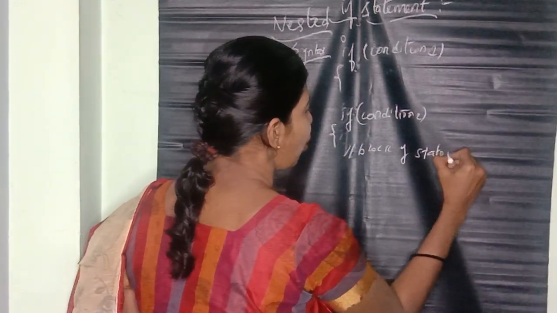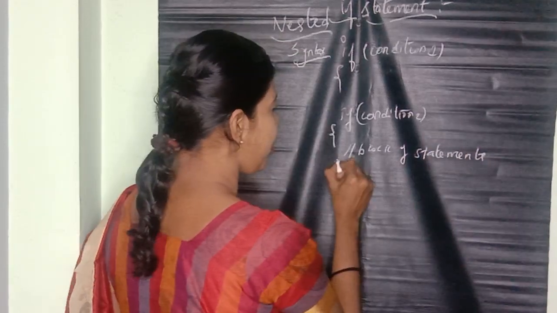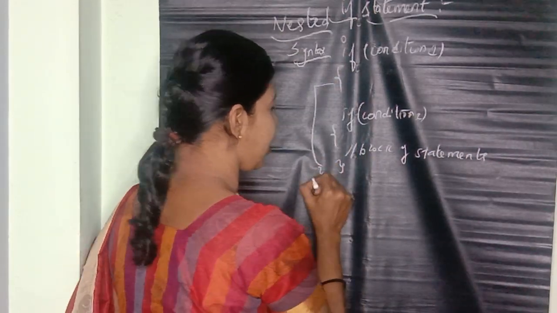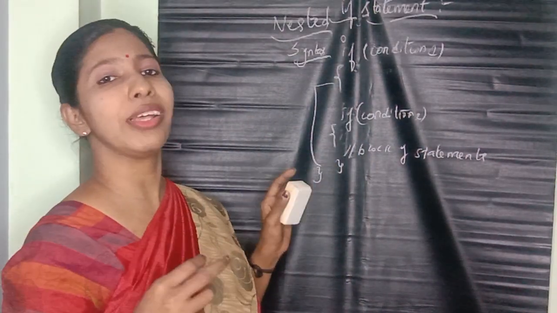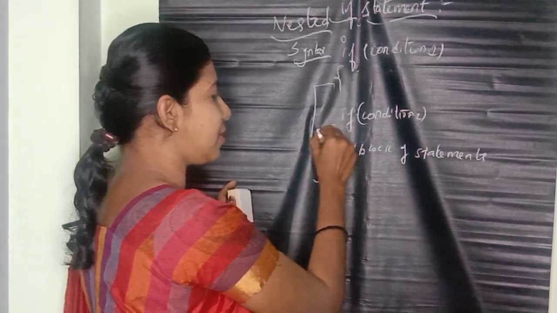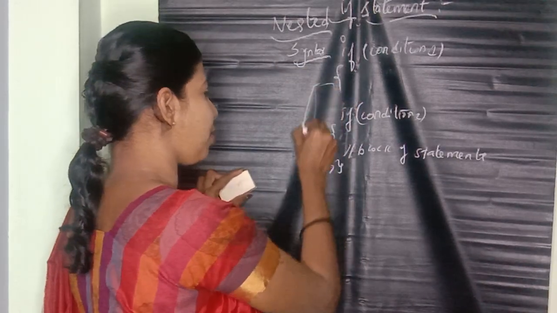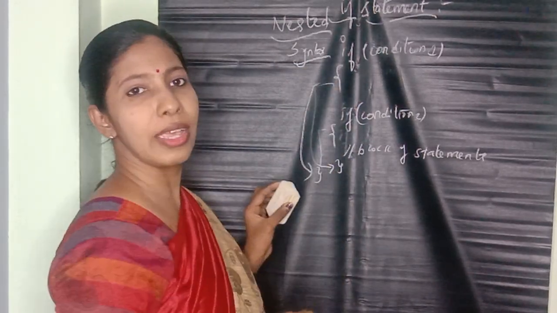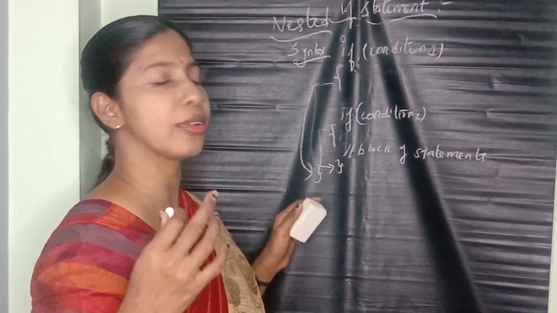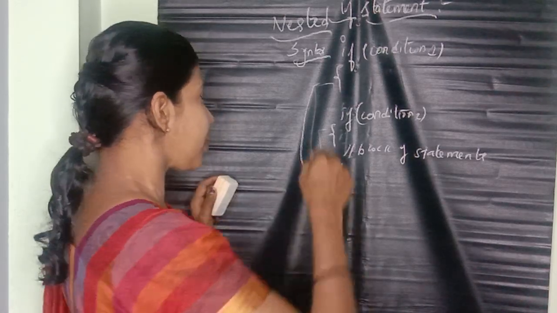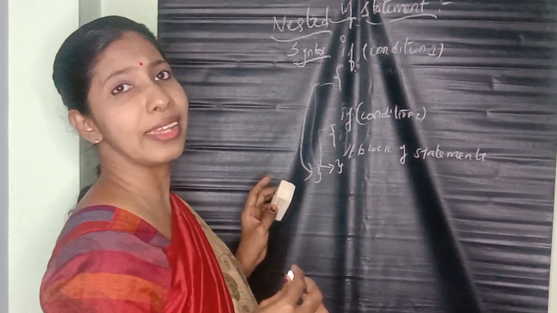Here it is having a block of statements. Close curly braces; this curly brace is closing here. So the inner curly brace is closed first, then the outer curly brace will close lastly. The innermost bracket is closed first, the outermost bracket is closed second. Okay, so this is the syntax of the nested if statement.